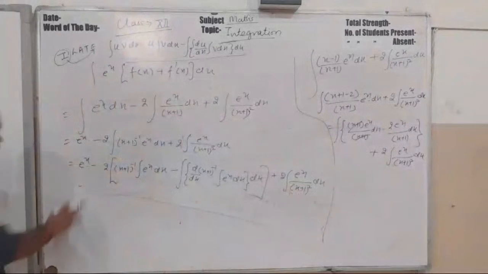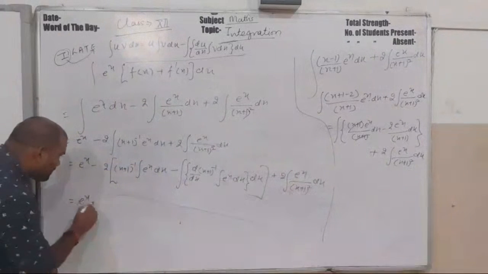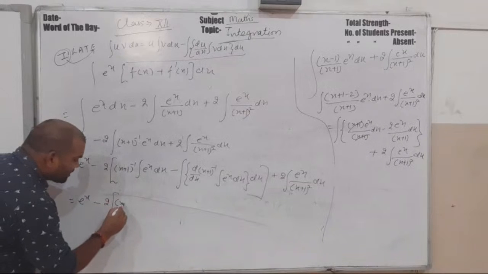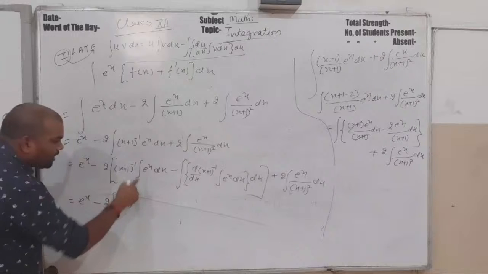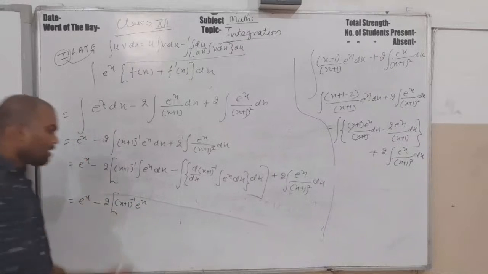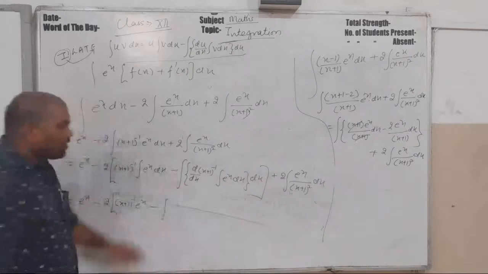Clear? So this part remains the same, minus 2 times. This becomes (x plus 1) to the power minus 1 into the integral of e to the power x, which will be e to the power x only, minus the integral of, what about this?